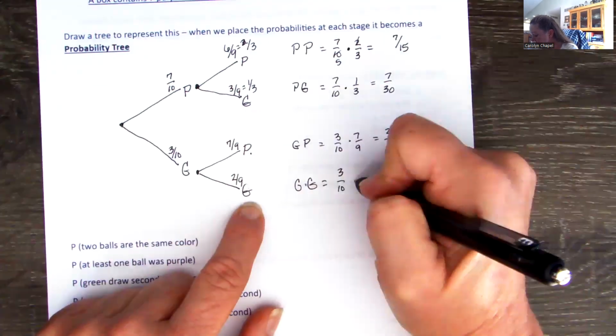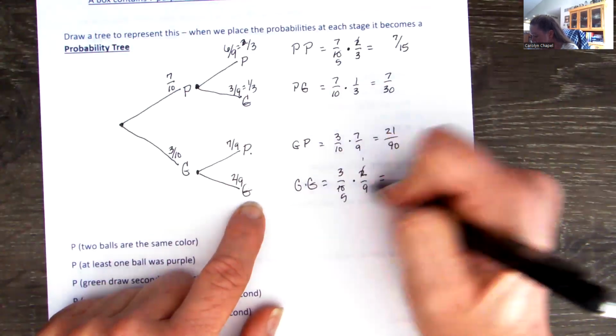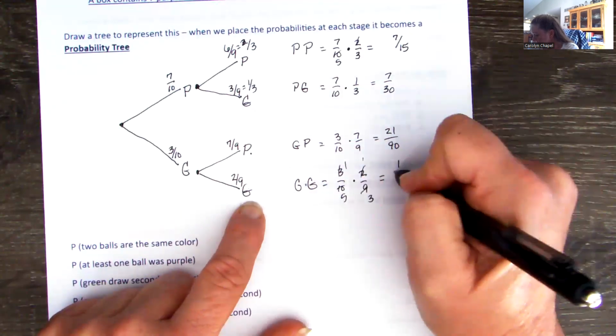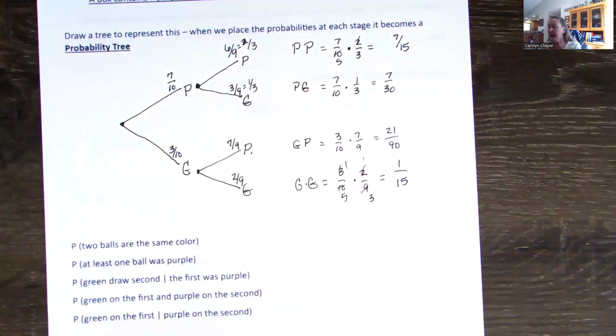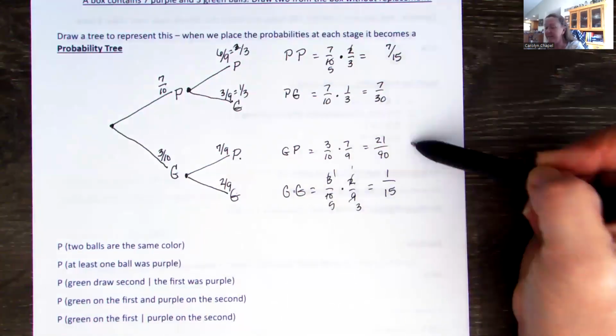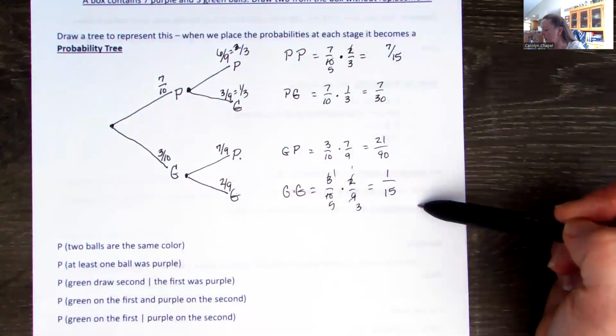A little bit easier to have this done. So I get 1 out of 15. Okay. If I turned these into decimals and added all 4 of these up, you would get the number 1.